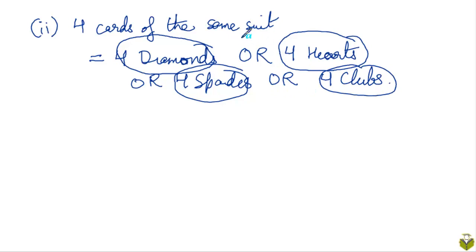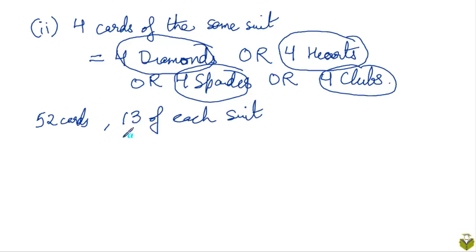So first we want to find the number of ways to pick 4 diamonds. How many cards of diamonds are there? There are 52 cards and 13 of each suit, right? So you have 13 cards of diamond.